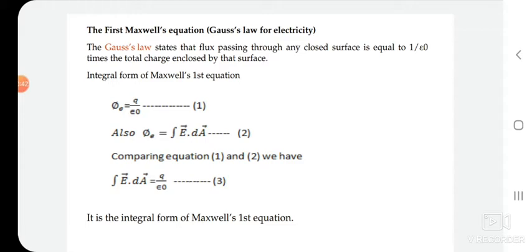Actually, Maxwell equations are the basic equations of electromagnetism, which are a collection of Gauss law for electricity, Gauss law for magnetism, Faraday's law of electromagnetic induction, and Ampere's law for current in conductors.